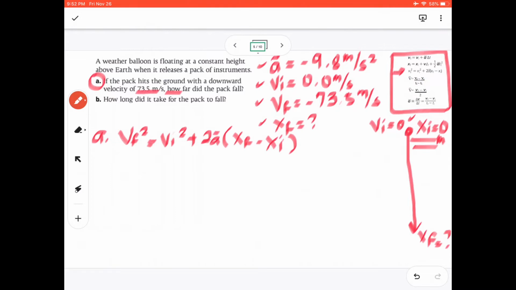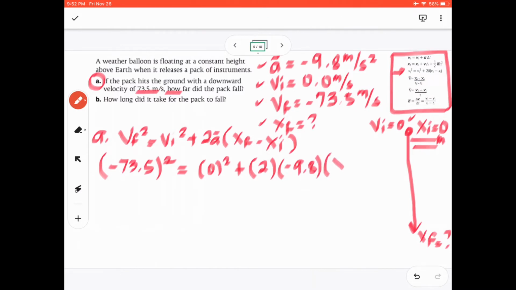VF is negative 73.5. Now you have to square that, is equal to VI, which is 0, squared plus 2 times A, which is negative 9.8 meters per second squared, multiplied by XF minus XI, which is 0.